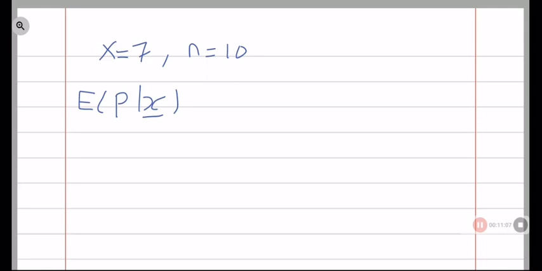Now, suppose we have observed x equals 7 and n equals 10. So the posterior mean of p is equal to x plus 2 over n plus 3.